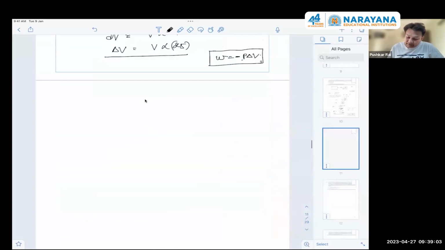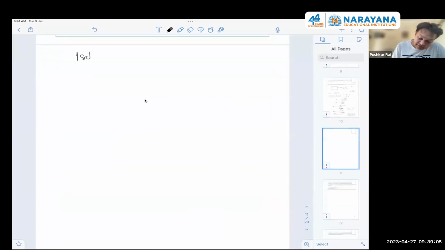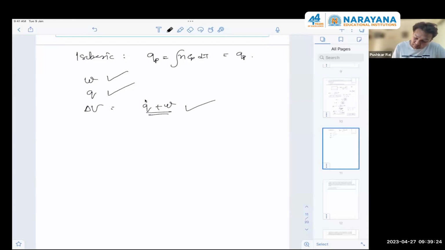One more fundamental is, since the process is isobaric, Qp is equal to n Cp dT integral, that is equal to Q. So we know Q, we know W, so we will get delta U. Delta U is equal to Q plus W. So delta U is equal to n Cp dT integral plus, in fact minus, P dV integral.